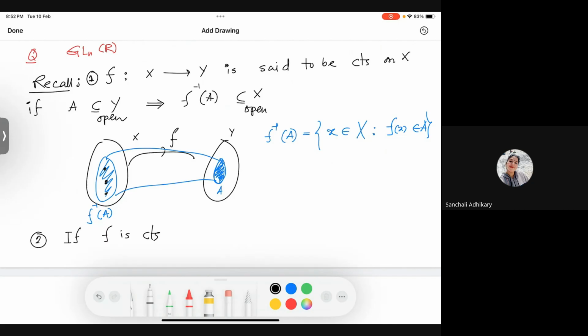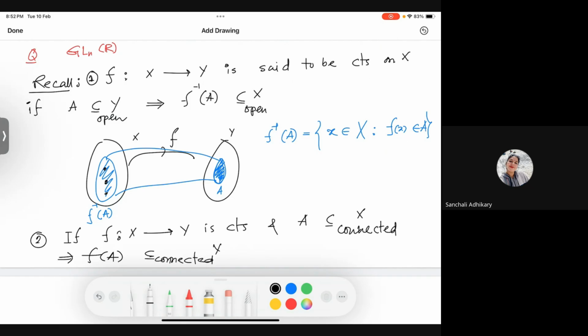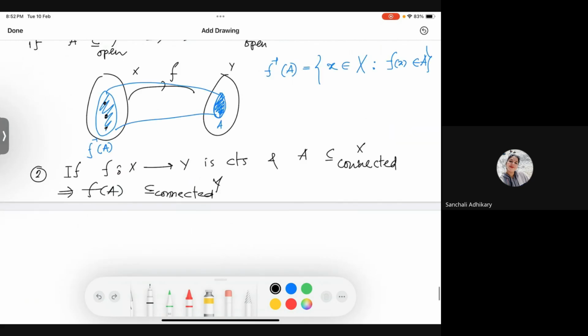If f is a function from X to Y and is continuous, and a subset A which is connected in X, it will imply f of A is connected in Y. So it means f maps a connected set to a connected set.